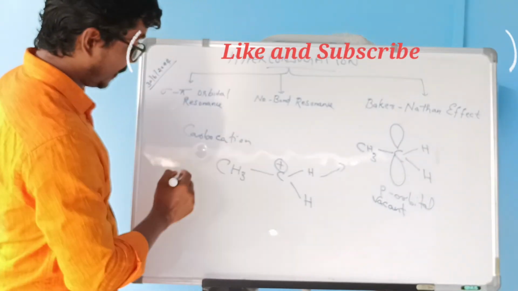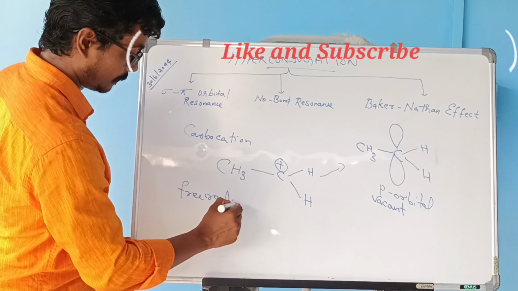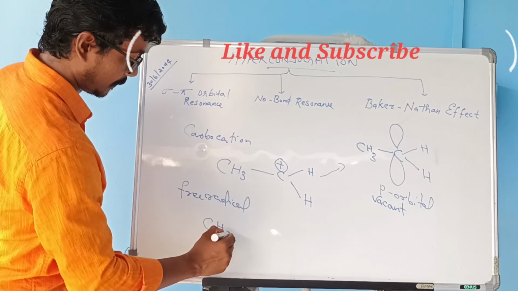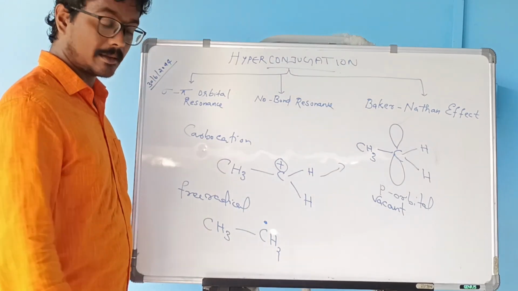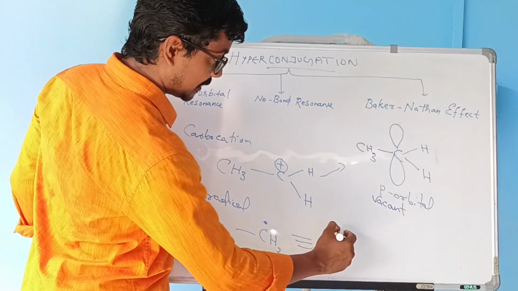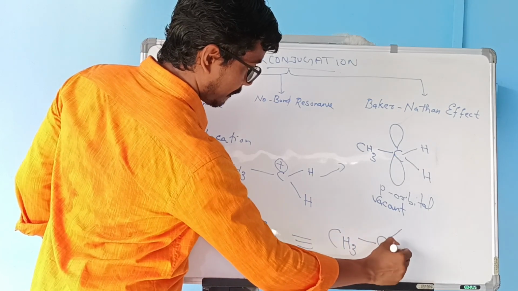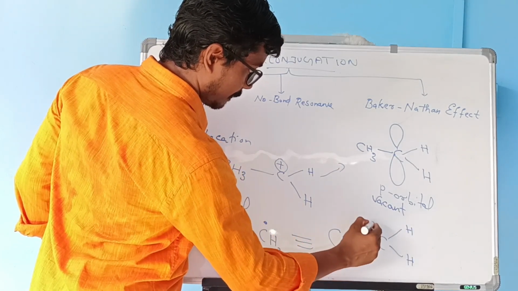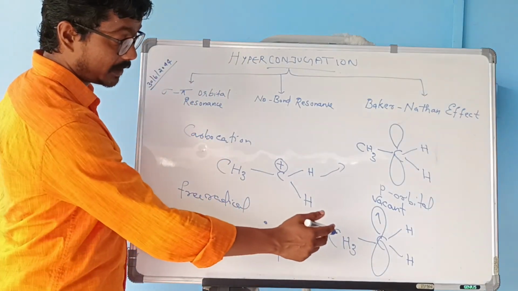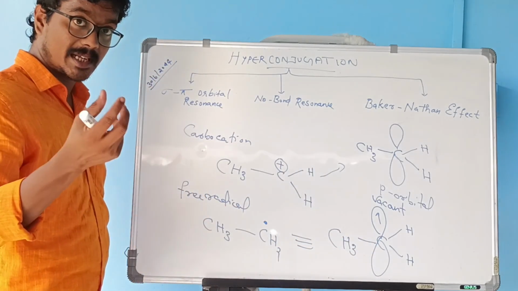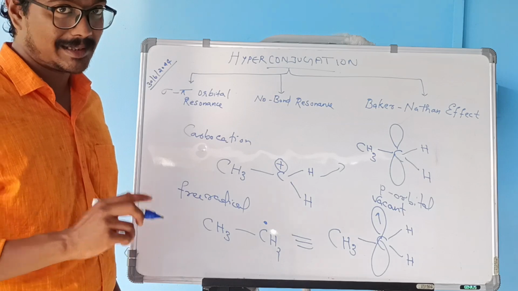Similarly, what is a free radical? CH3, CH2 radical, which is also represented like this. The p orbital of the carbon carries only one electron, which means a partially filled p orbital.